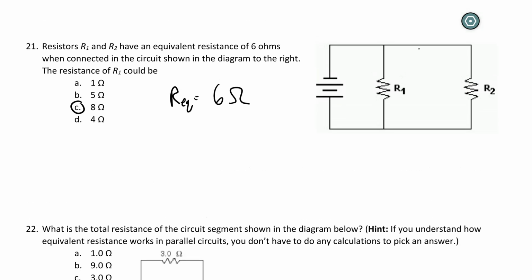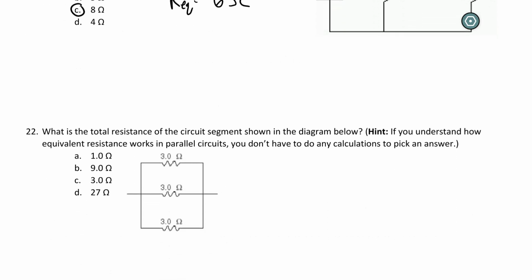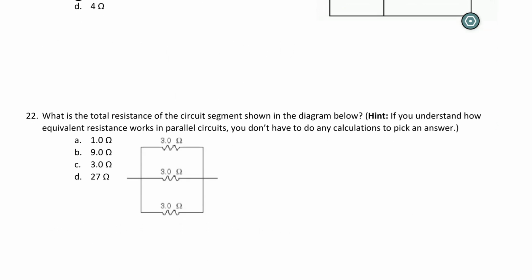So it's the same exact concept as number 21, where they're saying, if you know how parallel circuits work, you know that the equivalent resistance is always less than the smallest resistor. Well, the smallest resistance we have is 3. All right? So we're looking for an answer that's less than 3. That's choice A. A is the only one less than 3.